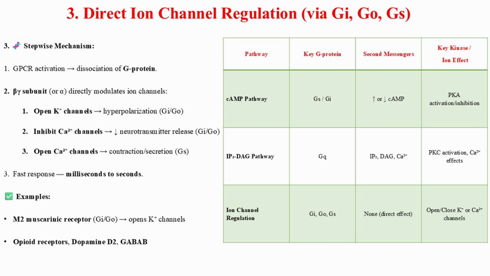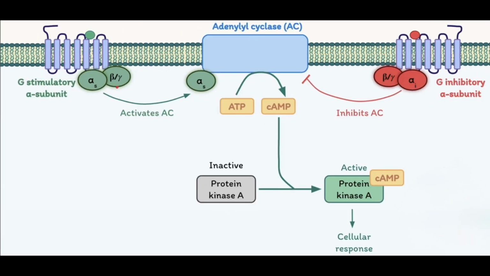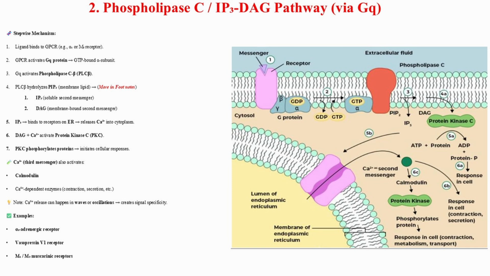This also inhibits the calcium channels. This reduces neurotransmitter release, another classic move of the Gi and Go. On the flip side, Gs proteins can actually open the calcium channels, promoting muscle contraction or secretion. And the best part is, this response is blazing fast, happening in milliseconds to seconds.